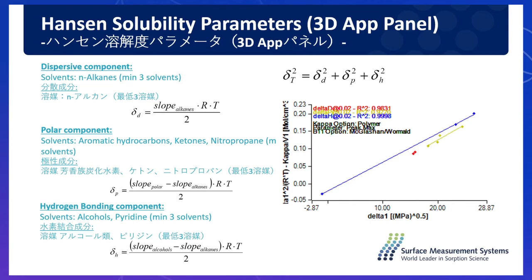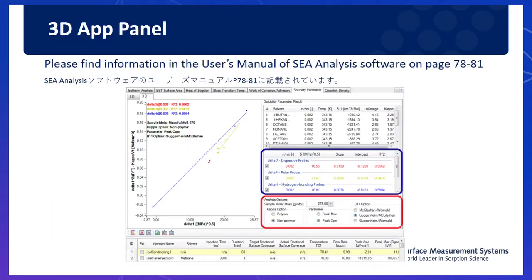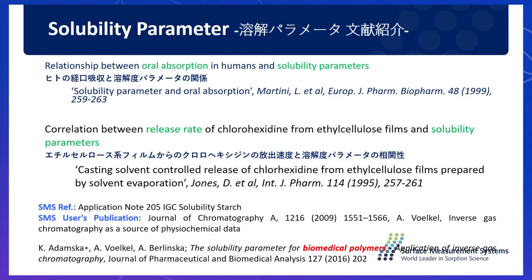For the hydrogen bond, alcohols, pyridine, which can create hydrogen bond interactions on the surface. This is how the Hansen solubility parameters look in our software. And the Hansen solubility parameters are used in the pharmaceutical industry to predict oral absorptions or release rate.